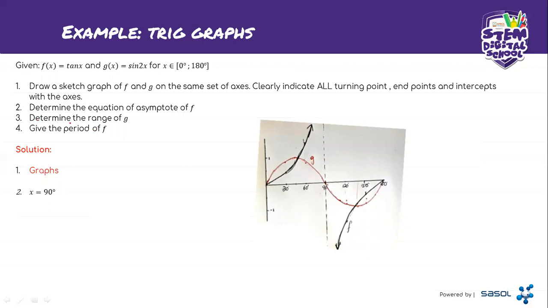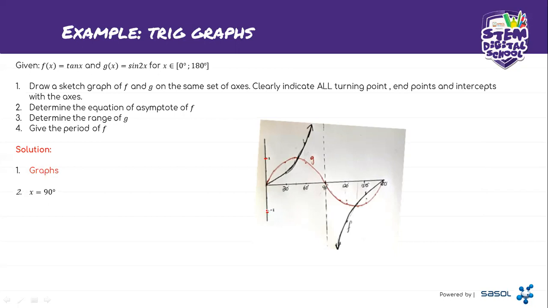Number 3, determine the range of g. Which g is that? It's the sine graph. Now, what is the range? Remember, when you are referring to range, it's all possible values of y. From this graph, you can see it ranges from this point to this point, because it does not move above this one and does not move below this one.